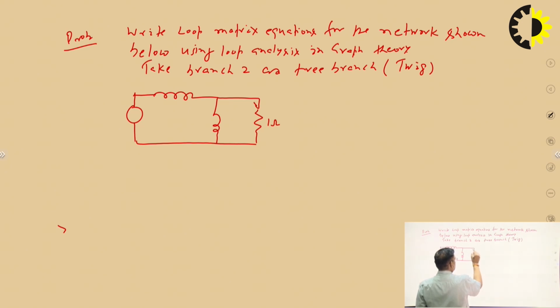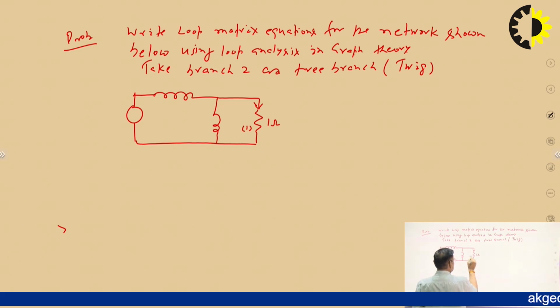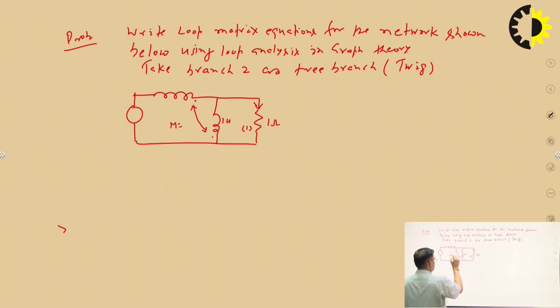Direction is also given, and this is branch number 1. This is 1 Henry, and it also has mutual inductance between these two branches. The mutual inductance is 0.5 Henry.